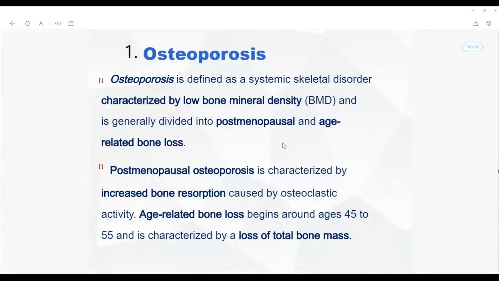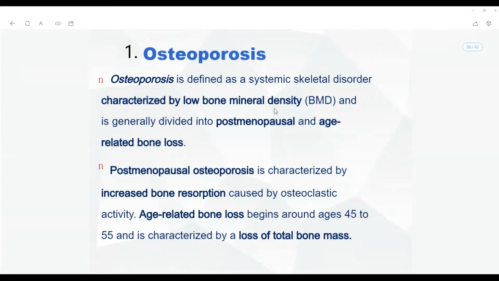So the first disease that we are going to learn is osteoporosis. Osteoporosis is a metabolic bone disorder, a systemic skeletal disorder characterized by low bone mineral density, which is called BMD. It happens because of endocrine activity related to estrogen.